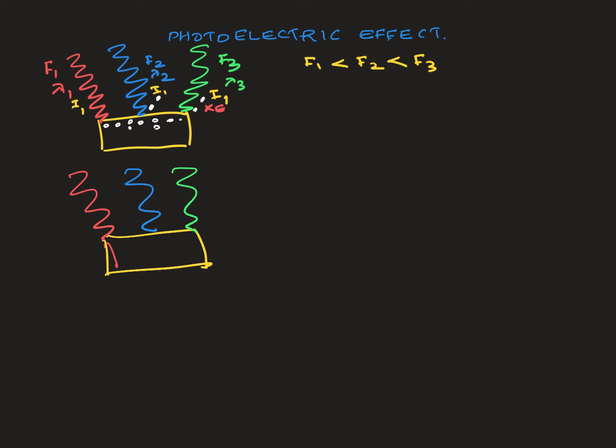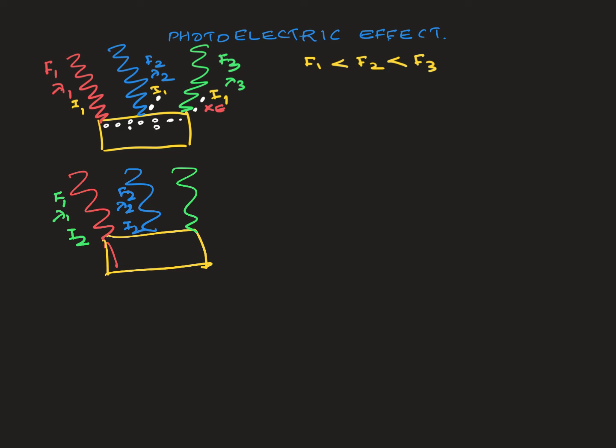And now this one has F1, lambda 1, but intensity I2, with more intensity. And this one we have F2, same frequency, which means same wavelength, but the intensity is I2.